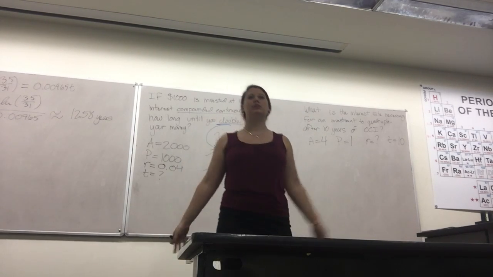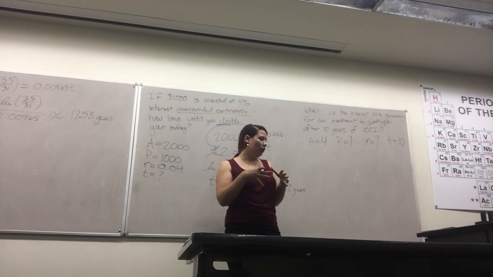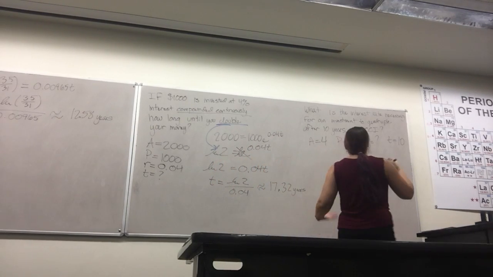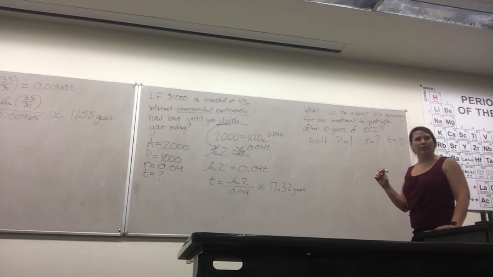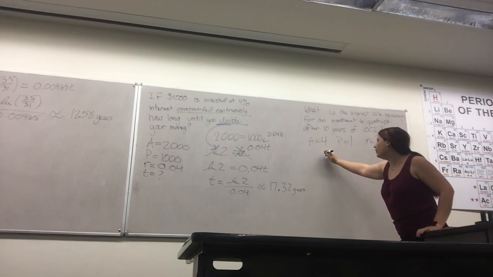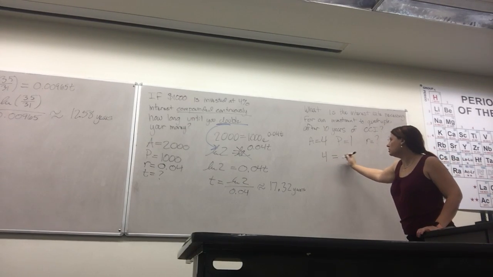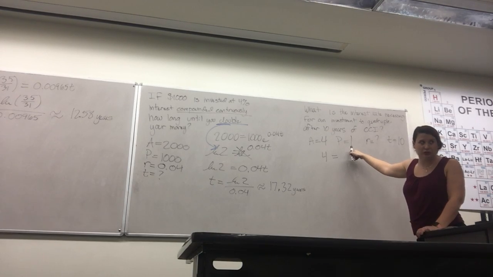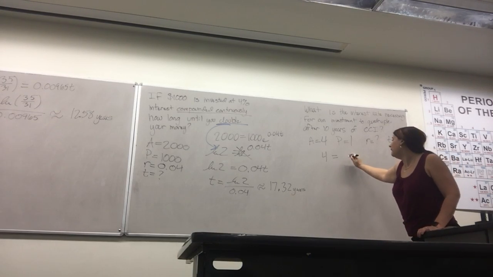Okay. So this is what we at least want, or want to get close to. So let's set up our equation then. We get 4 equals, it's a 1, so you can write it if you want, but you don't need to, because it's just 1, right?